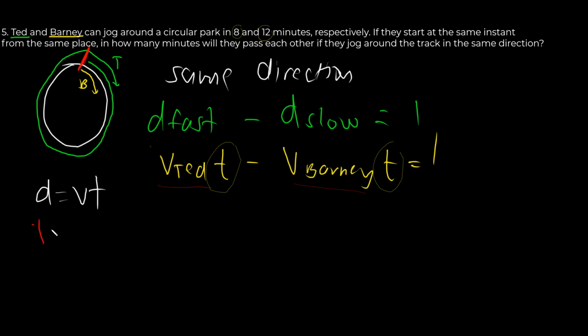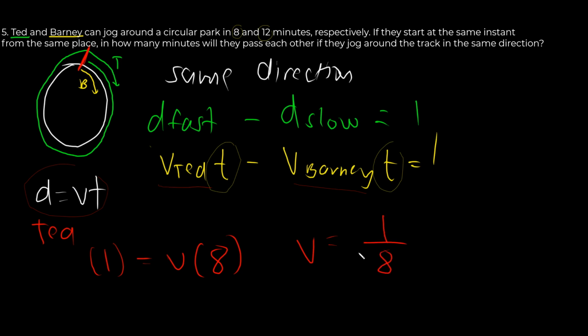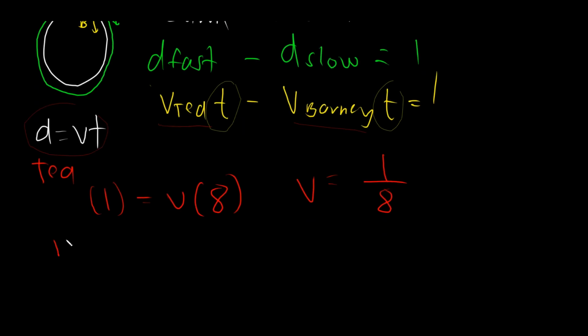So, let's consider Ted. Using this formula, one circular park is traveled by him in 8 minutes. So, the velocity of Ted is 1 over 8. For Barney, one circular park is traveled by him in 12 minutes.